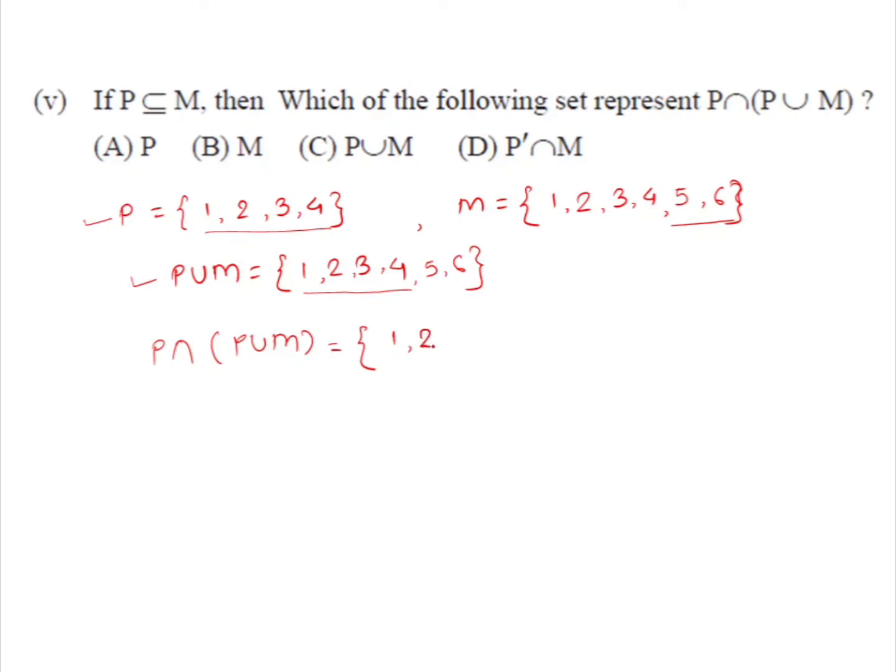That's why we collect these 4 elements in this set. So we get the set 1, 2, 3, 4, which is again set P. So the correct alternative is alternative A, that is P intersection P union M represents set P.